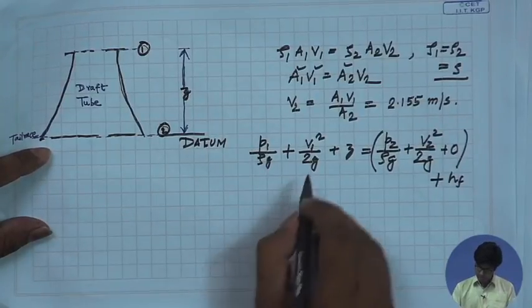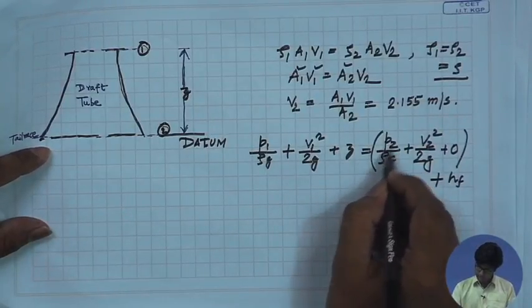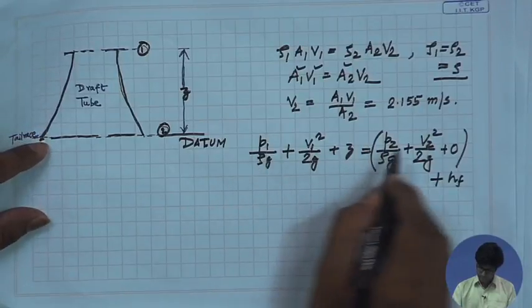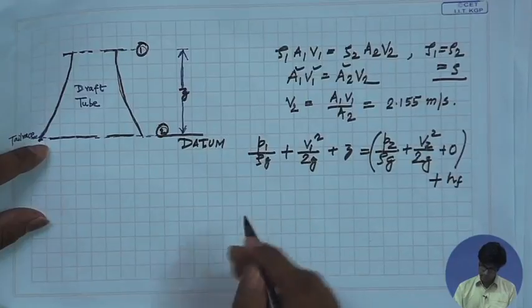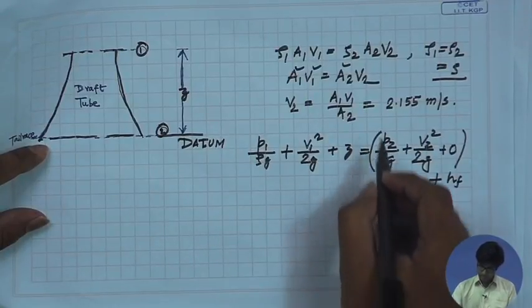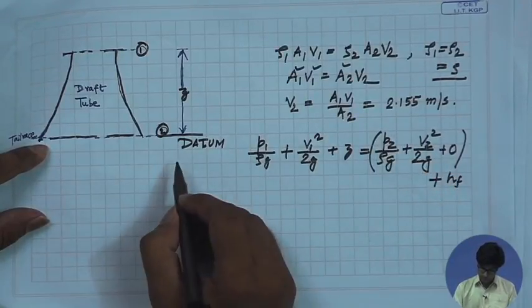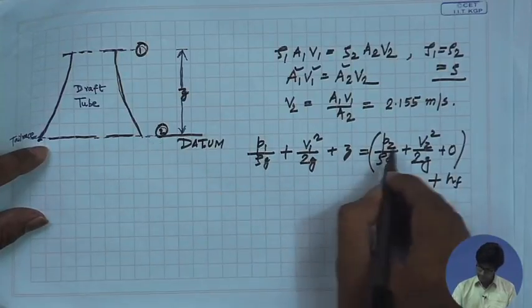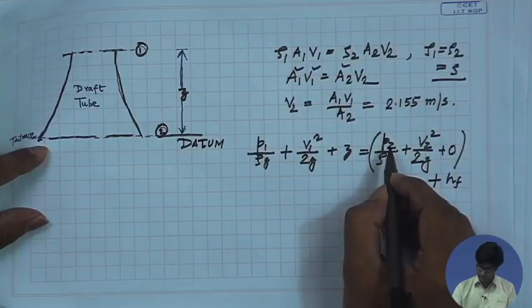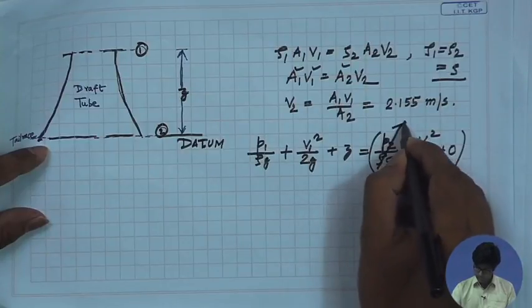All the pressures we are considering in this equation are gauge pressures, that is, the pressure above the atmospheric level. Since section 2 is exposed to the atmosphere, this is nothing but the atmospheric pressure, so we can take this as 0.